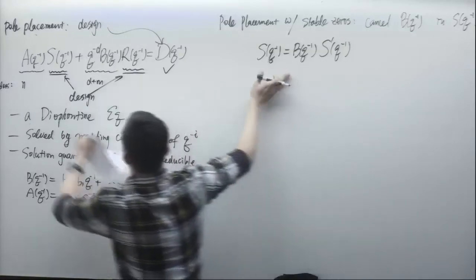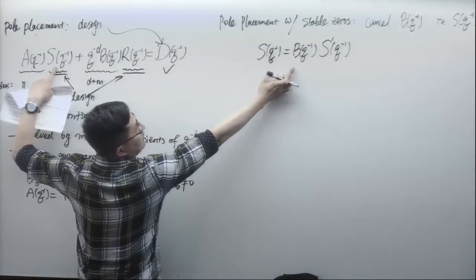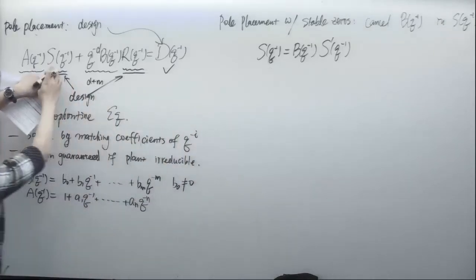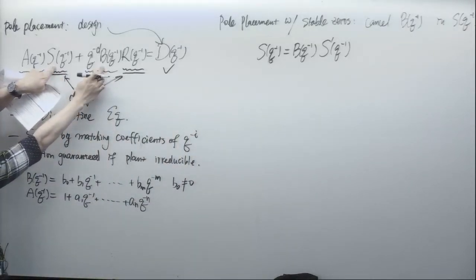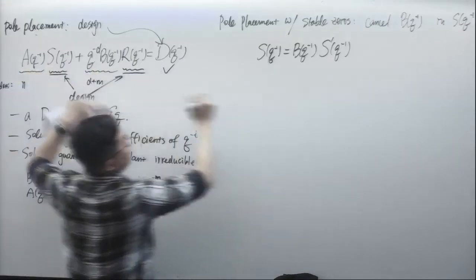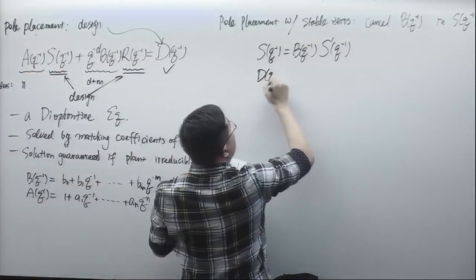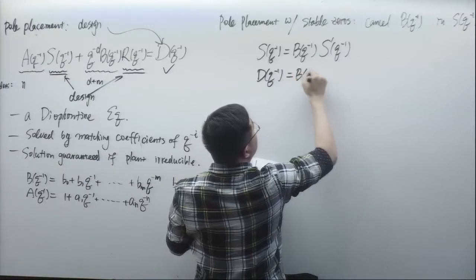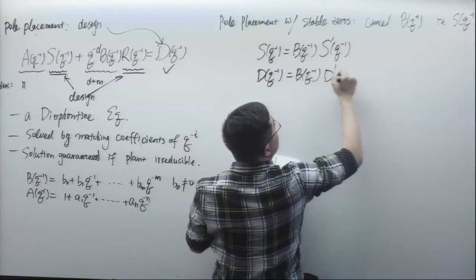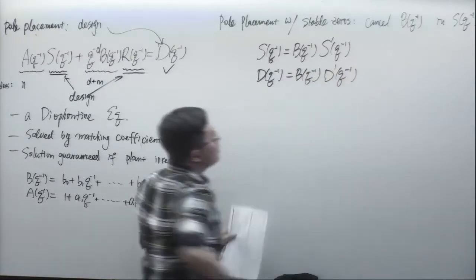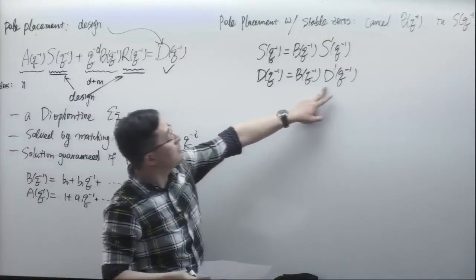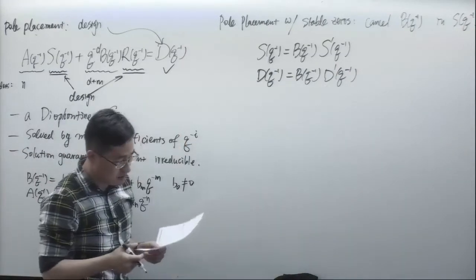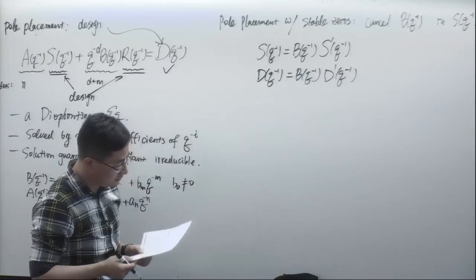So if you have B in S, then you can see there will be a common term from the left-hand side. D will naturally contain a BQ inverse inside. And then we can play around the other closed loop poles by assigning a D prime based on the performance goals.